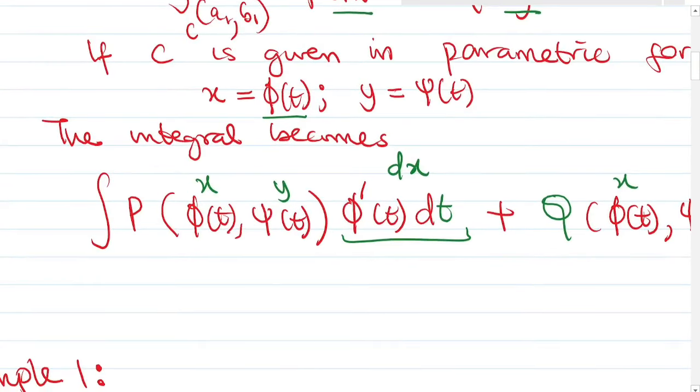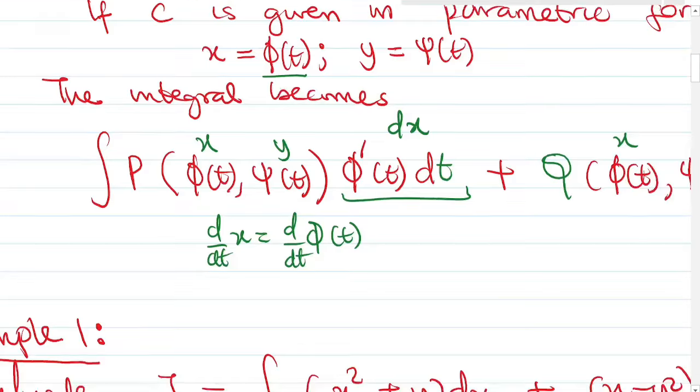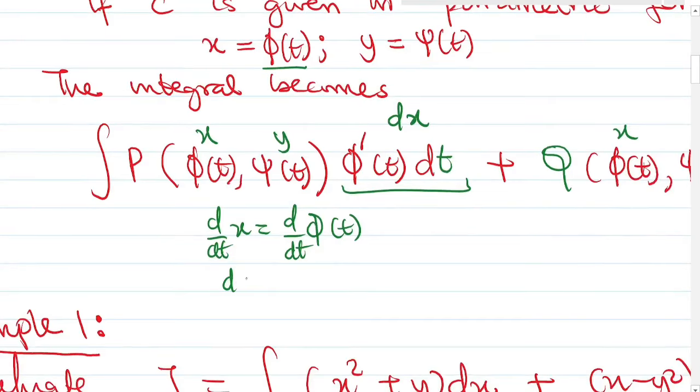So from this, x equals phi of t, so if you add d dt to both sides, and then you want to get your dx, you multiply both sides by dt. What would you have?